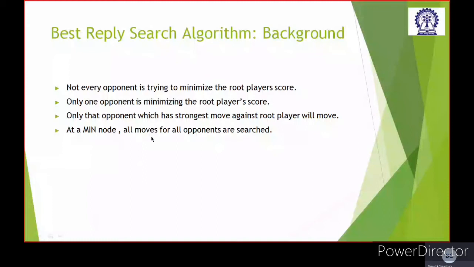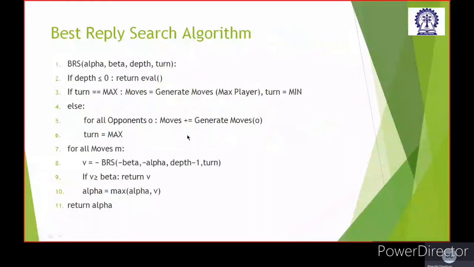Let us see the best reply search algorithm step by step. Alpha and beta values are the lower bound and upper bound values of the game tree at that particular depth. The turn variable alternates between the max player and min player. If depth is greater than 0, the following steps are evaluated.